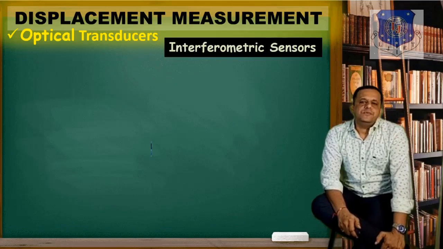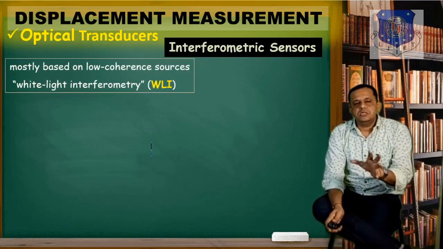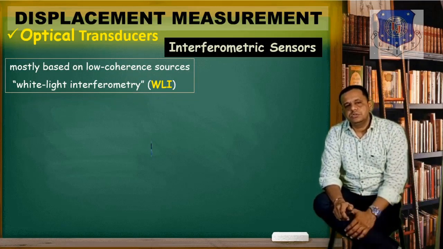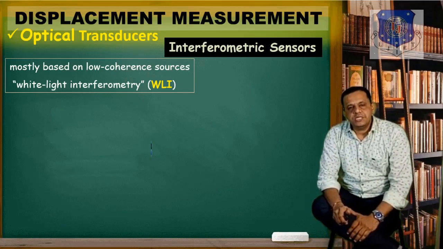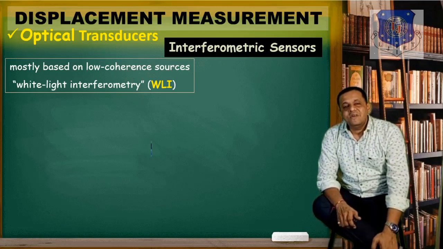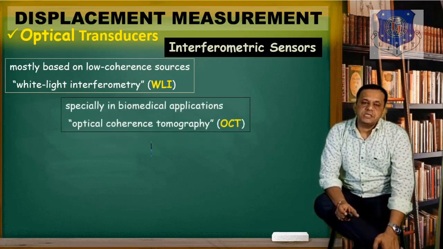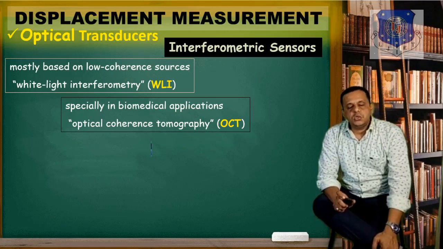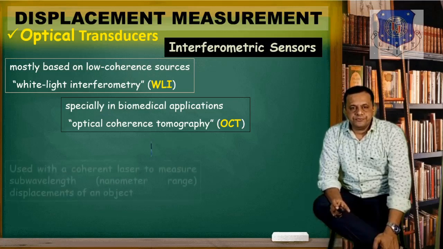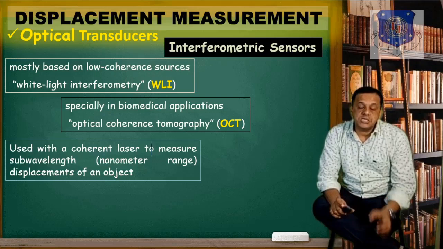The next is interferometric sensors. There are two terms associated with this that you should remember: low coherence source is used, and white light interferometer is known as WLI. These are the commercial terminology that you should remember. White light interferometer, WLI, and in biomedical applications, optical coherence tomography, OCT, where they use a coherent laser to measure sub-wavelength.